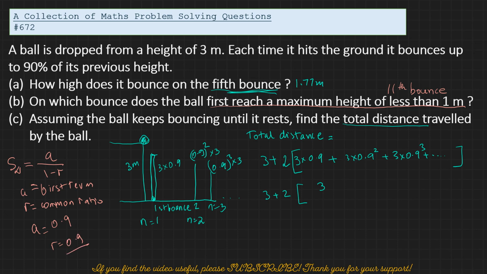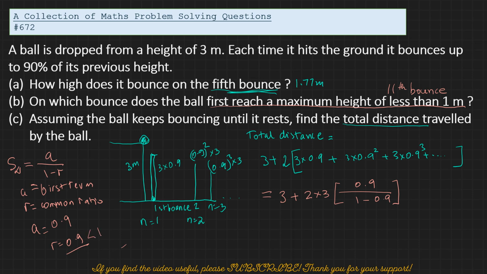So this can be written as 3 plus 2 multiplied by 3, and then 0.9 divided by 1 minus 0.9, because here r is 0.9 and that is less than 1.